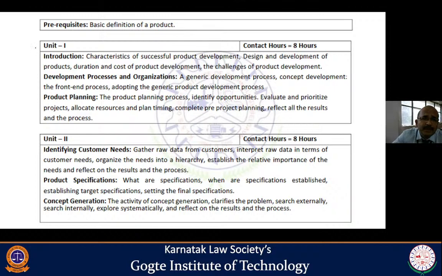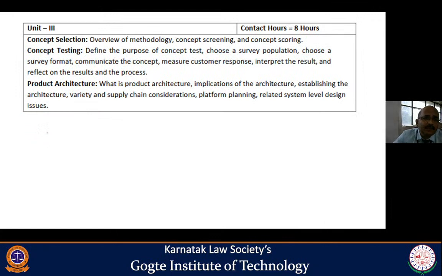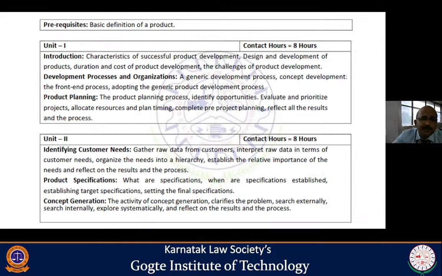Now in unit 1, unit 2 and also in unit 3, we are going to learn with respect to the product development. In unit 1 you have an introduction. Each unit is of 8 hours. In unit 1 you have an introduction to the subject, then development process and organization, and product planning, these 3 subunits.